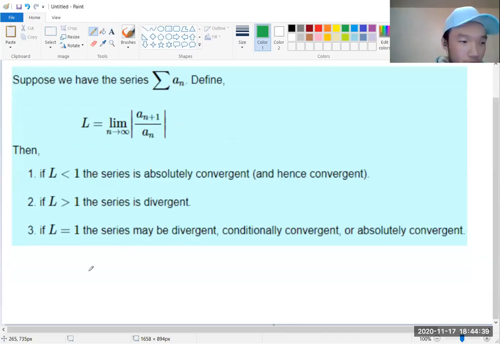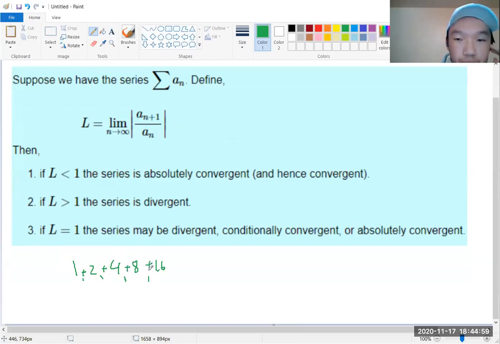So the only way that the ratio can be greater than 1 is if you have a series such as 1, 2, 4, 8, 16. Well, if it's a series, they're supposed to be added together.